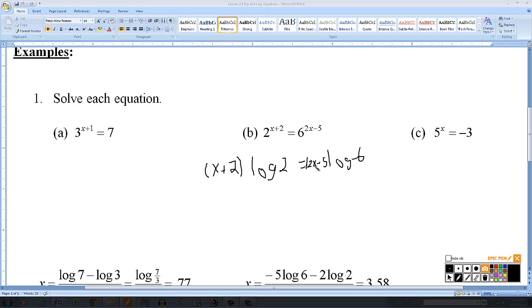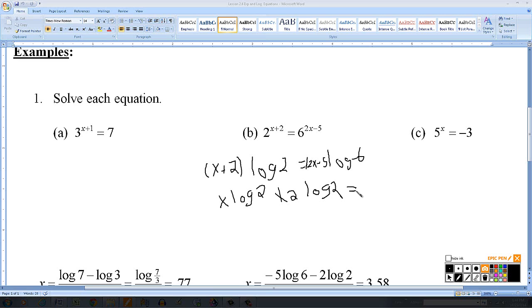Okay, so then I'm just going to multiply this out. Multiply by the log of 2, so this will give me x log of 2. And remember the base here is understood to be 10, plus 2 log of 2. And on the other side, multiply through by the log of 6.